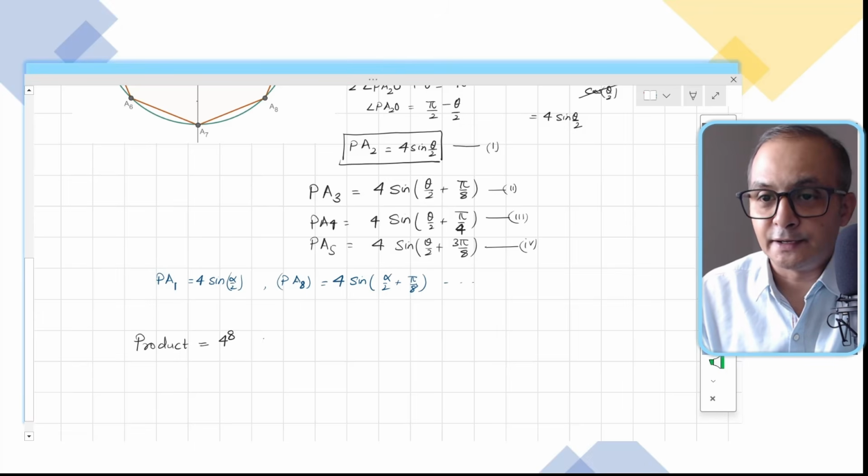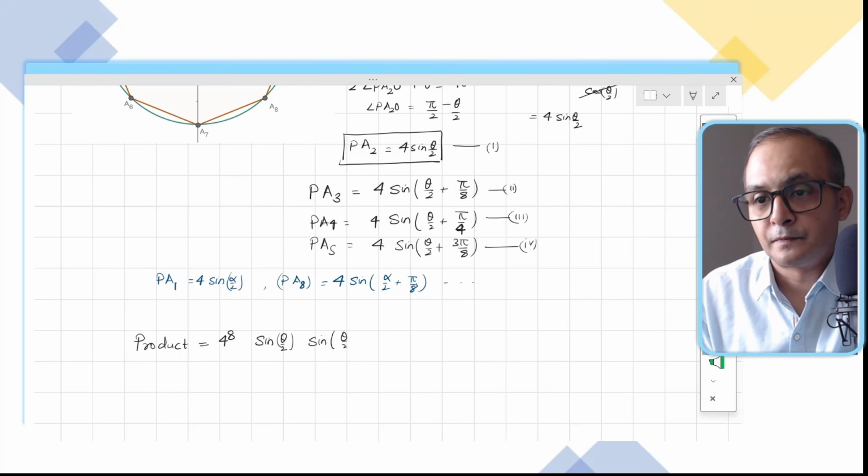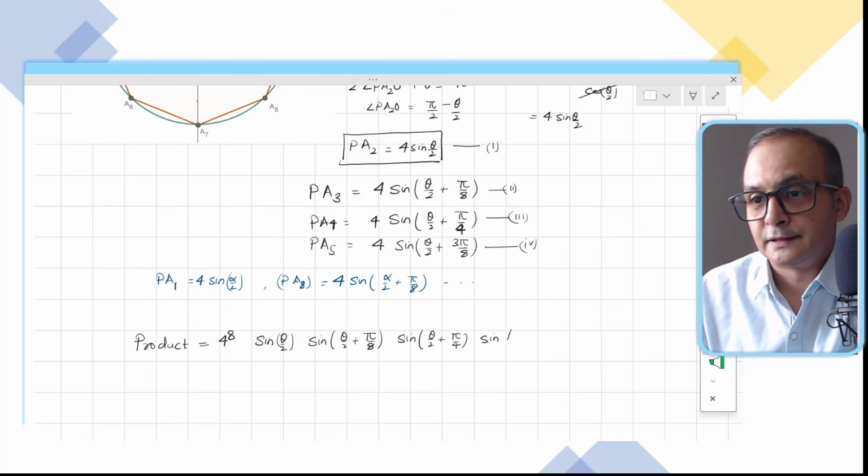And now I am writing sine theta by 2, sine theta by 2 plus pi by 8, then sine theta by 2 plus pi by 4, sine theta by 2 plus 3 pi by 8.